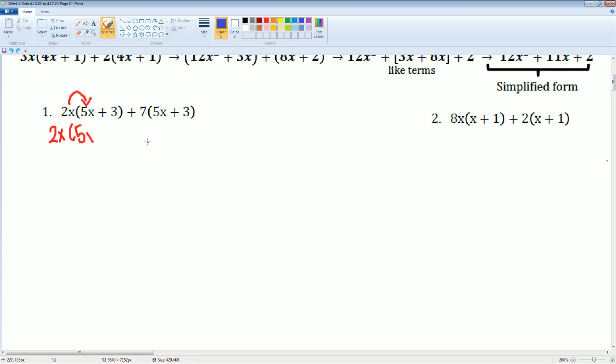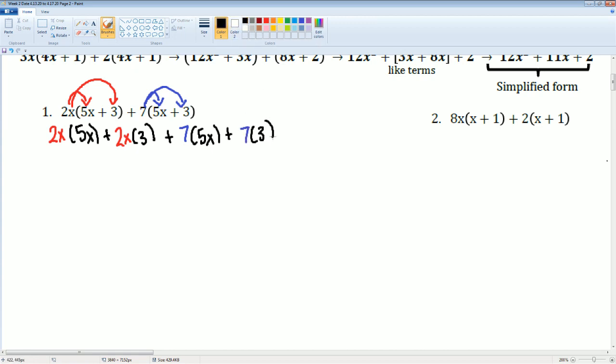So the 2x is going to be multiplied to the 5x, plus the 2x is also multiplied to the 3. Do you see how that present was given out? The present of 2x is given out to both terms. Plus, now the 7 is going to be multiplied to the 5x, plus the 7 is multiplied to the 3.